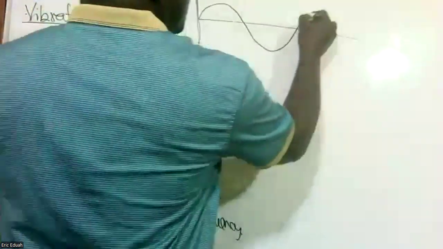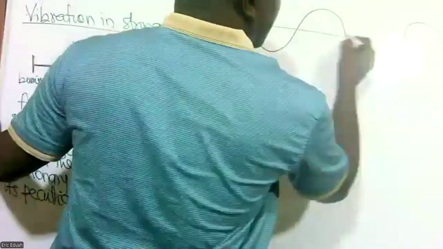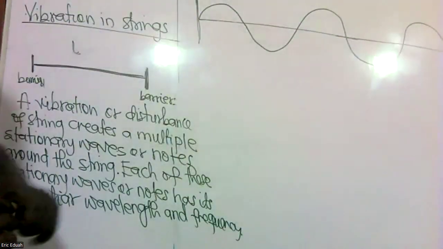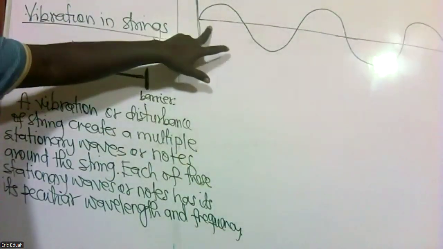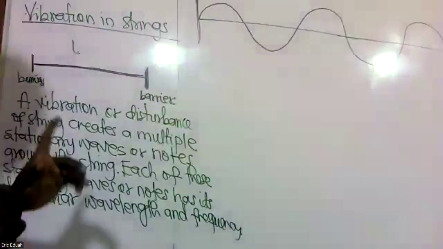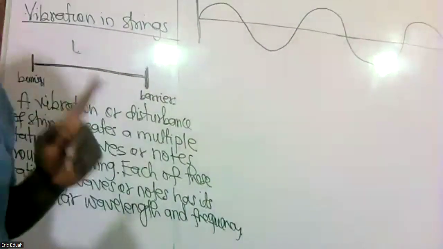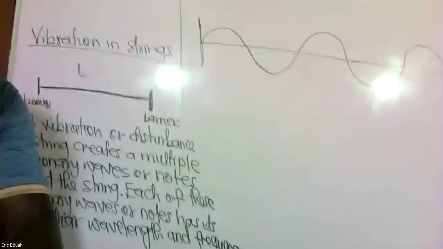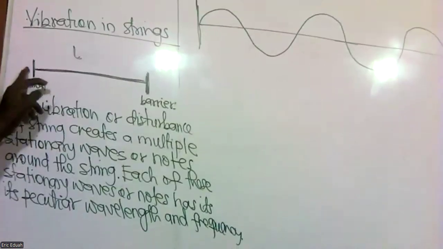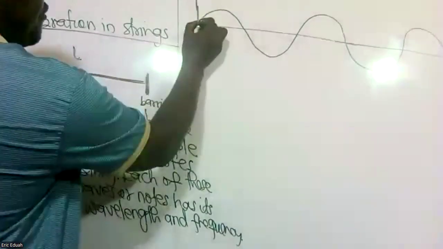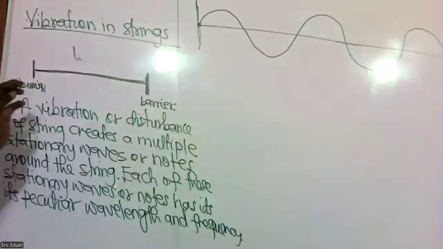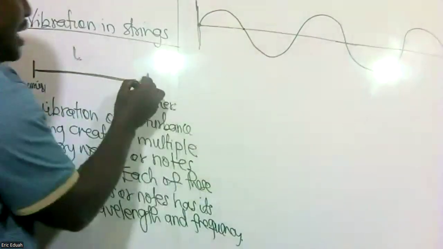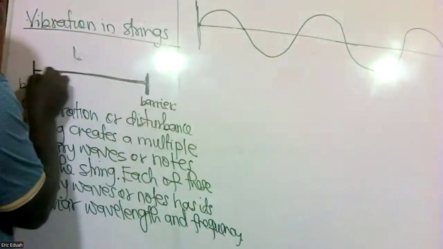In drawing the possible stationary waves, we use a progressive wave. Because there is a barrier at this end, the first possible stationary wave must start from a node and end at another node.